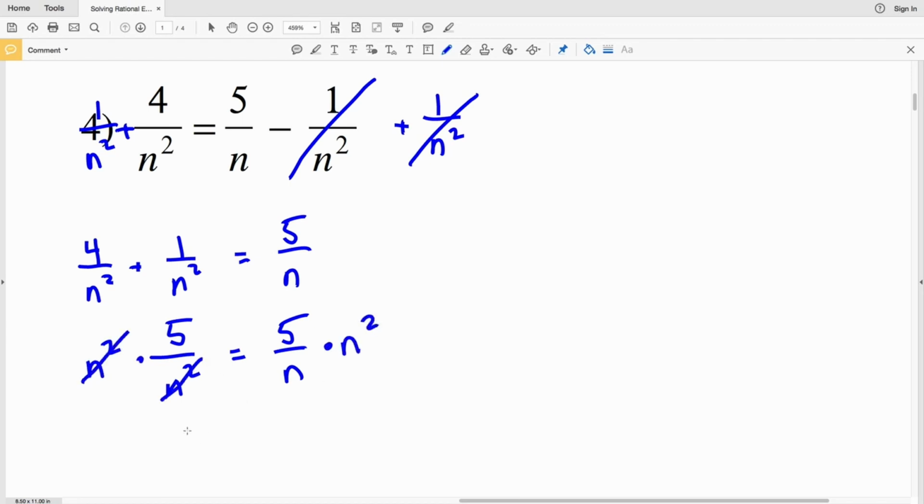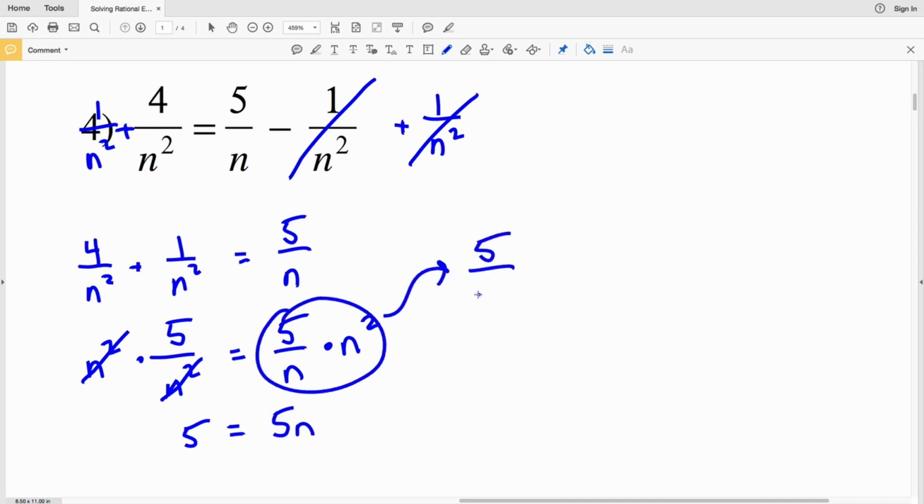Doing that will leave me with 5 on the left-hand side equal to 5n on the right. Since you can think about this as 5 over n times n times n, so one of the n's will cancel out, since n times n is equivalent to n squared. So we have 5 equals 5n.